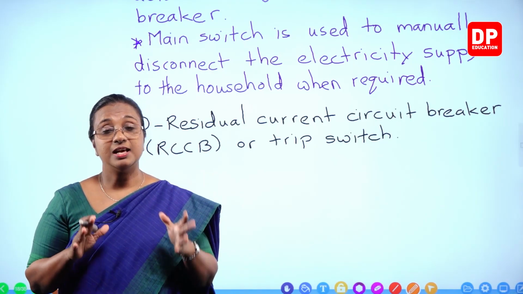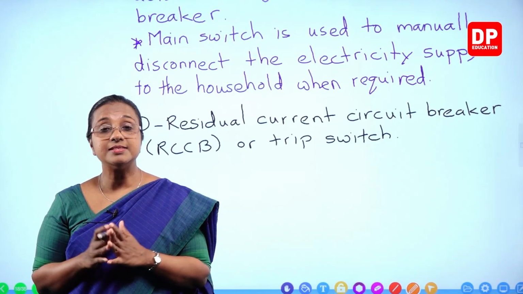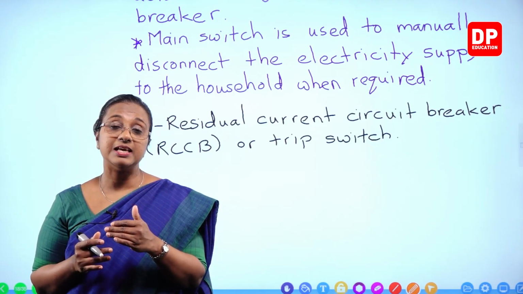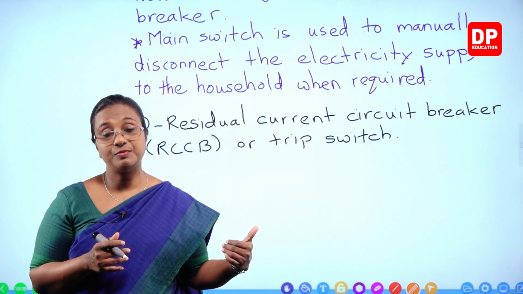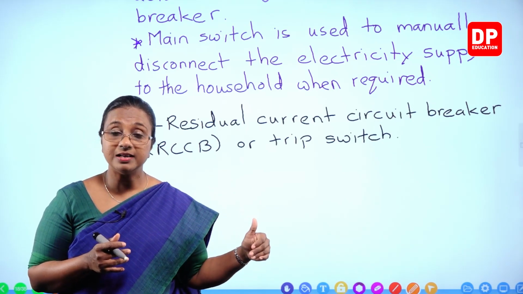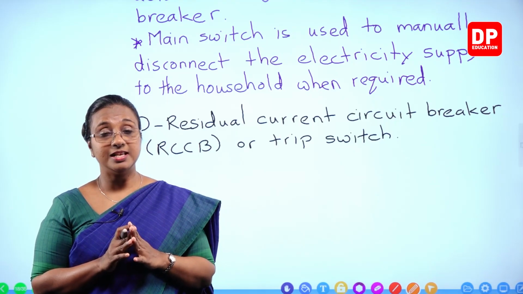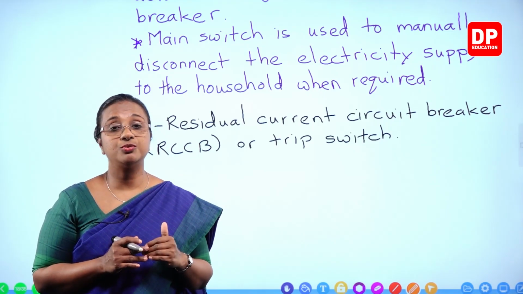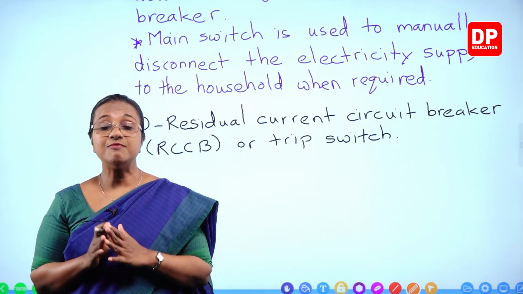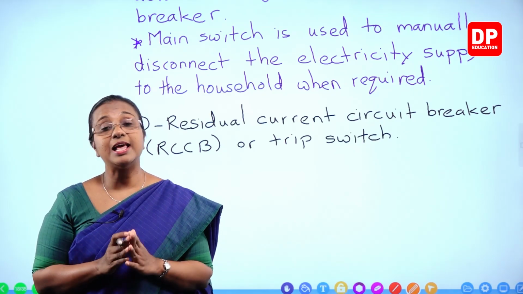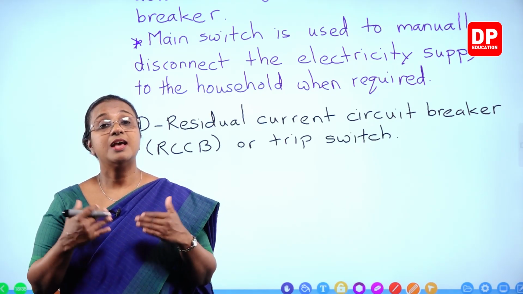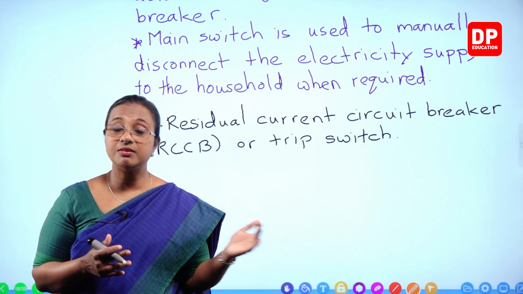To prevent that, there is a wire connection from the metal casing to the earth wire, and there is a wire connected to the trip switch. So if there is an electricity leakage and it flows through that particular wire, then by electromagnetic induction, there will be a current flow through the trip switch.